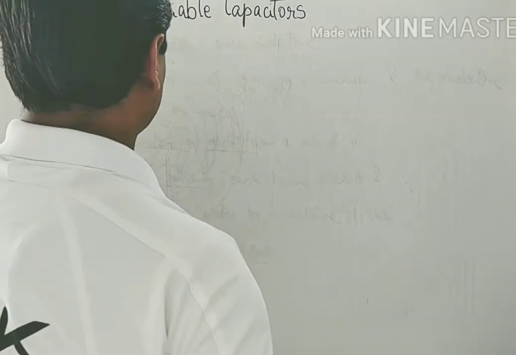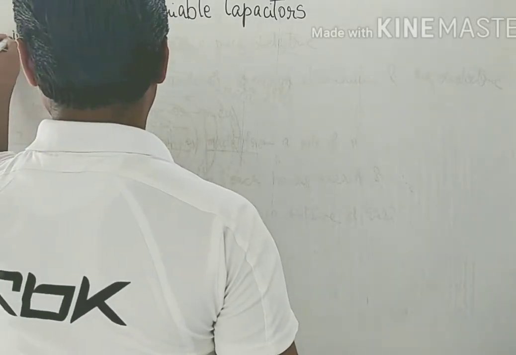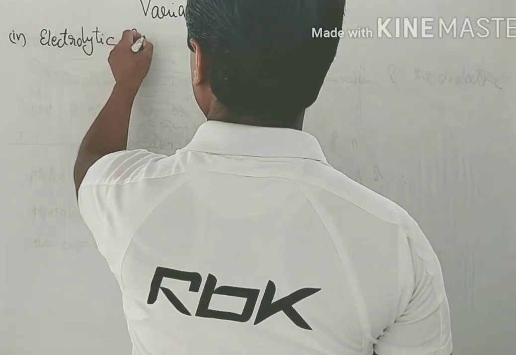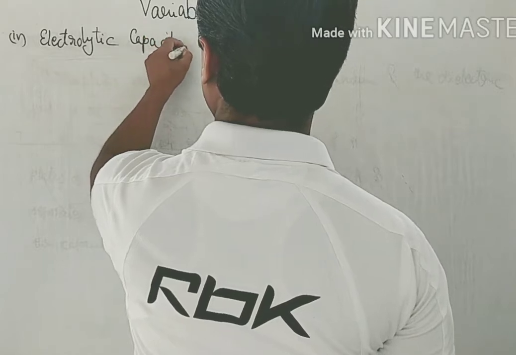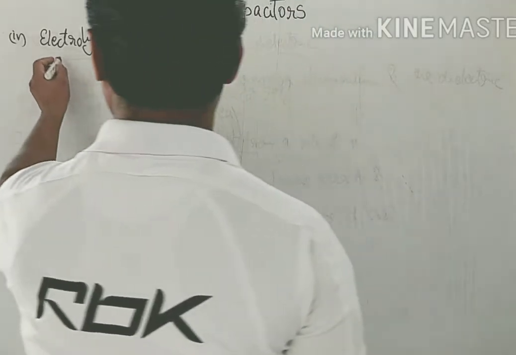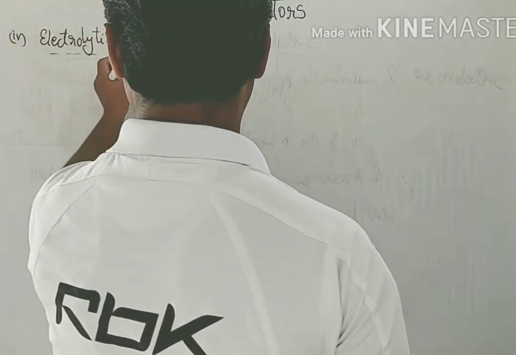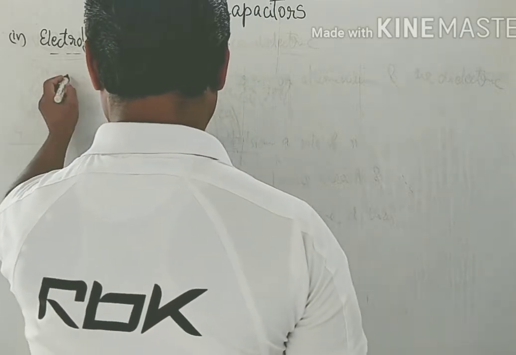Now the fourth type of variable capacitor is the electrolytic capacitor.